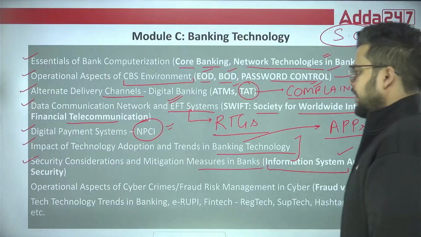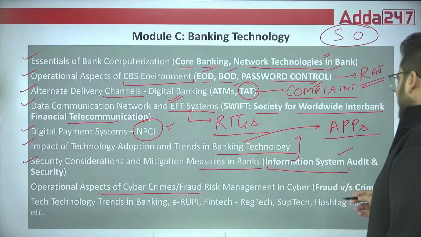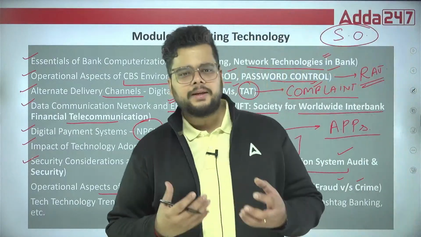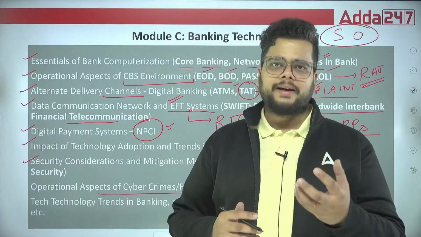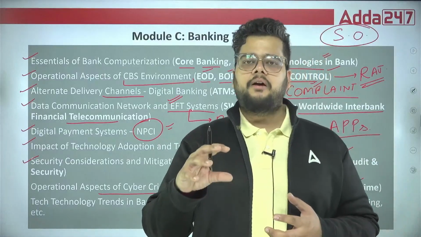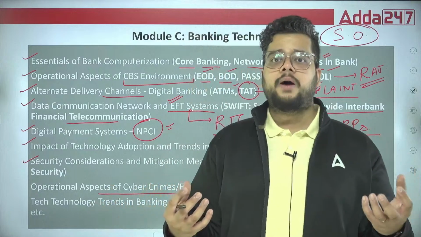Right? Then we have operational aspects of cyber crimes, fraud, risk management in cyber, fraud versus crime. What is the basic difference? Statement based questions, as I was telling you earlier, you can expect from module C. And what are the basics of fraud, how we define fraud, how it is different from a particular crime.